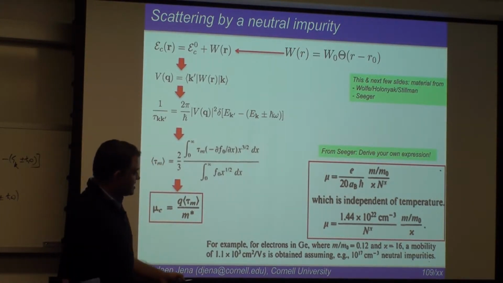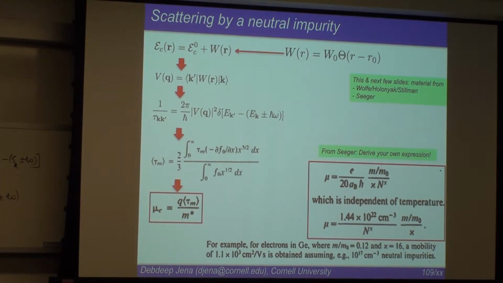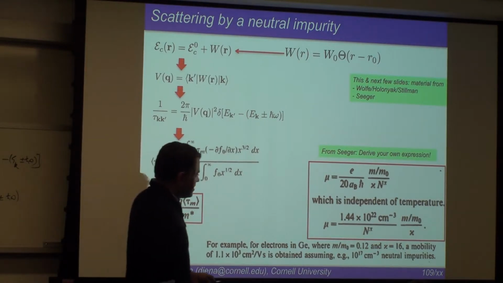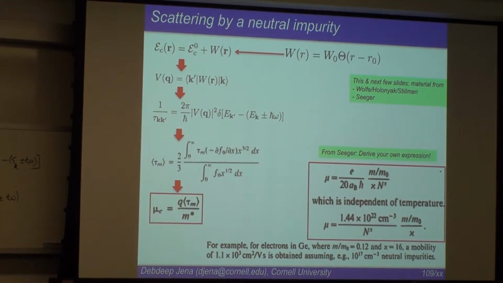But if you actually measure a high quality germanium crystal today at room temperature, your mobility is quite a bit higher than that. That tells you right away that you must have much fewer neutral impurities. Does that make sense? The germanium mobilities, I forget exactly, are a few thousands for sure at room temperature.